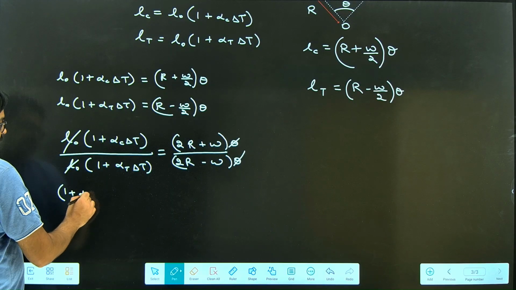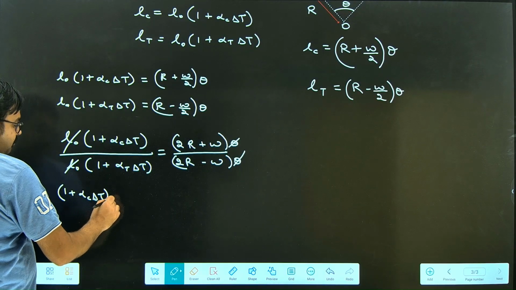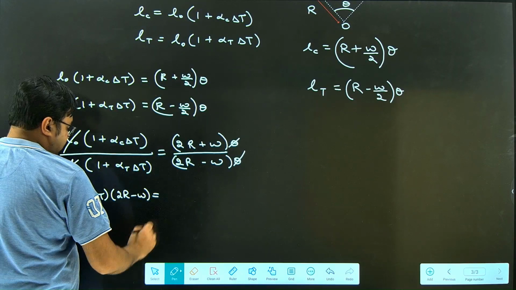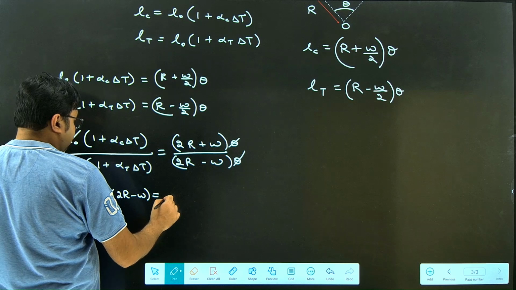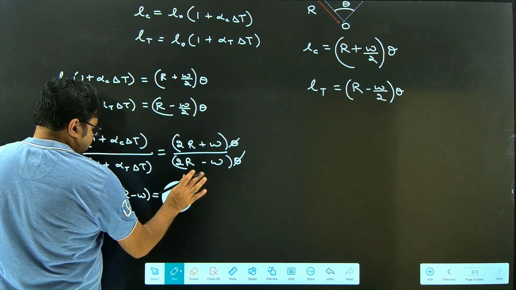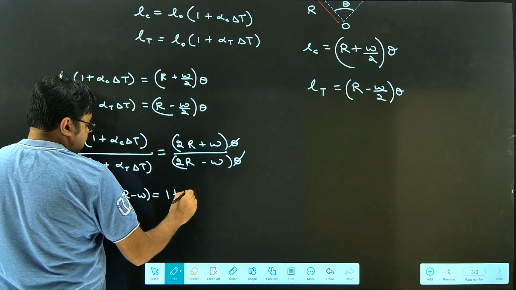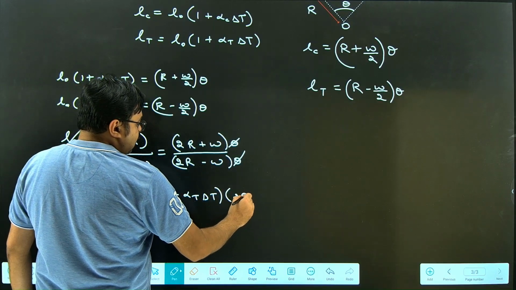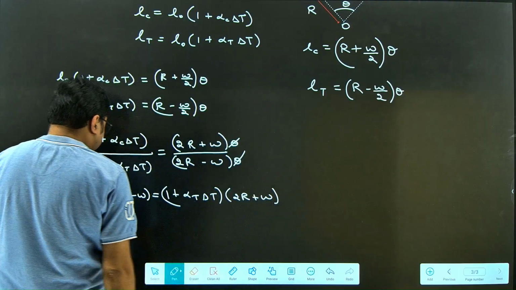(1 plus alpha c into delta t) multiplied by (2r minus w) equal to (1 plus alpha t into delta t) multiplied by (2r plus w).